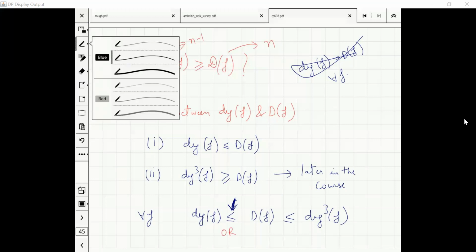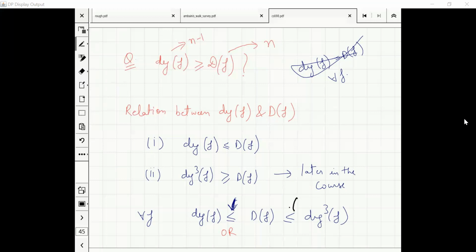Now you can similarly ask, are there functions for which this is true? That means, are there functions where d of f is equal to degree cube? We don't know yet. The best we know is that there exists f such that d of f is more than degree square.